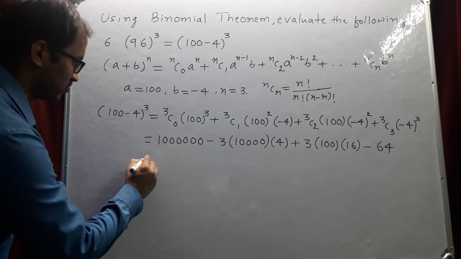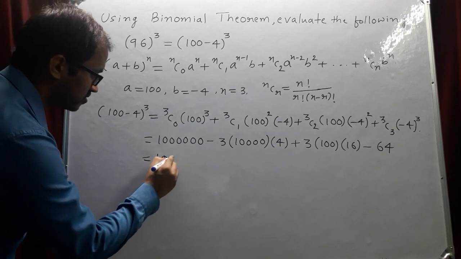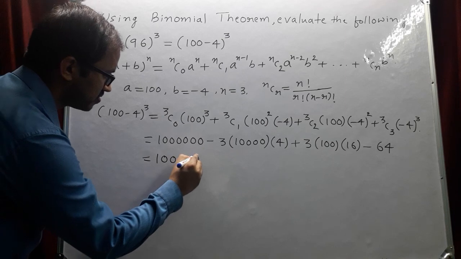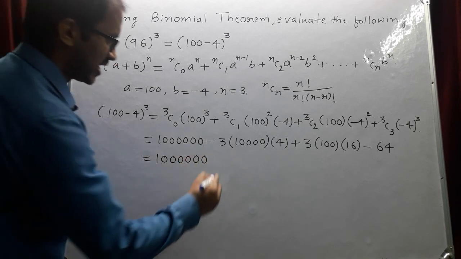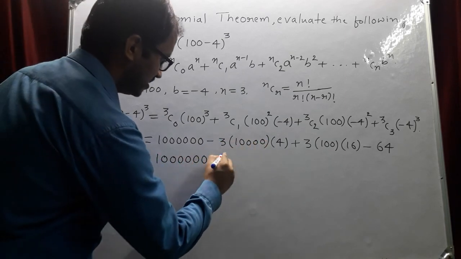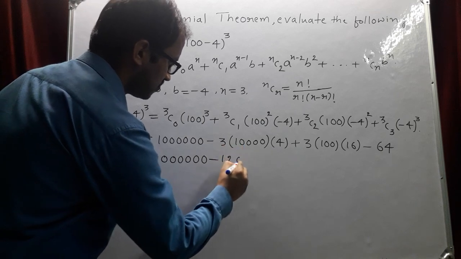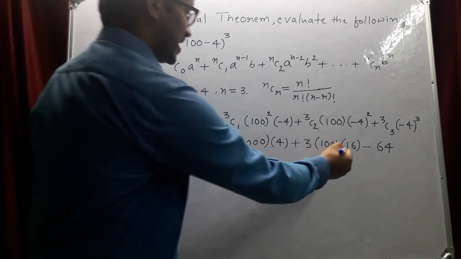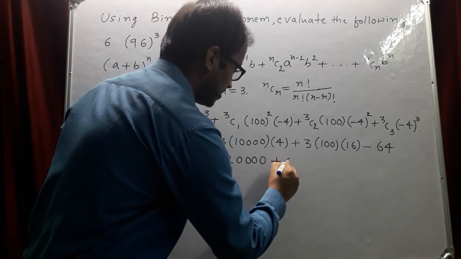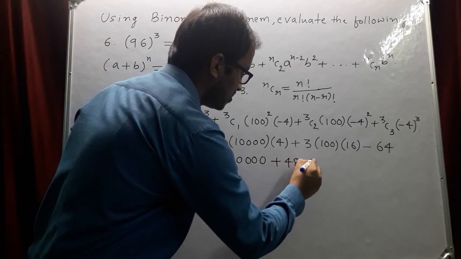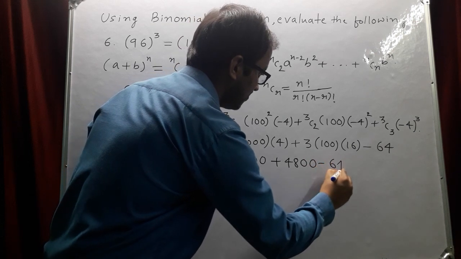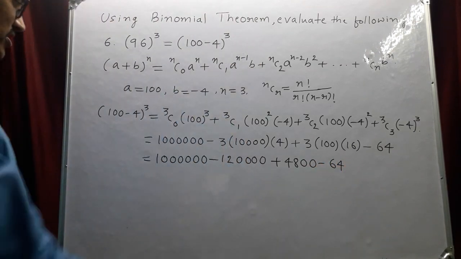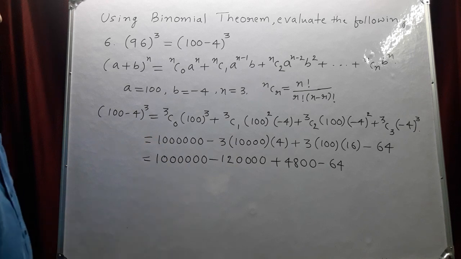So that is equal to minus 4 3s are 12, 16 3s are 48, minus 64.